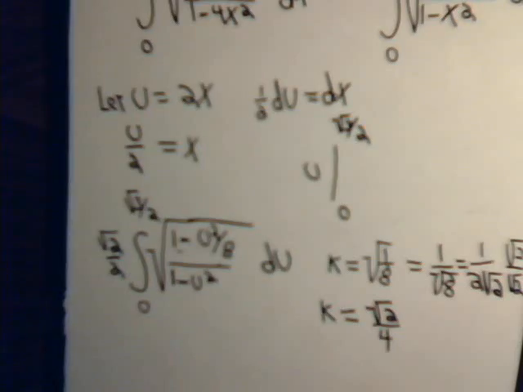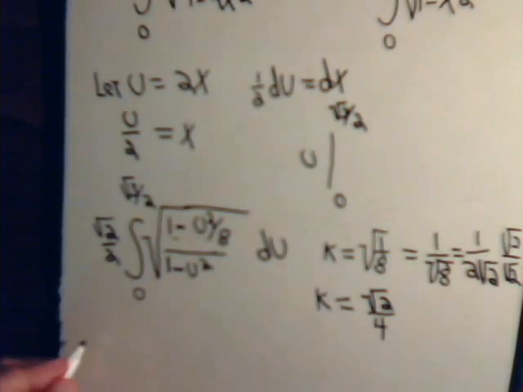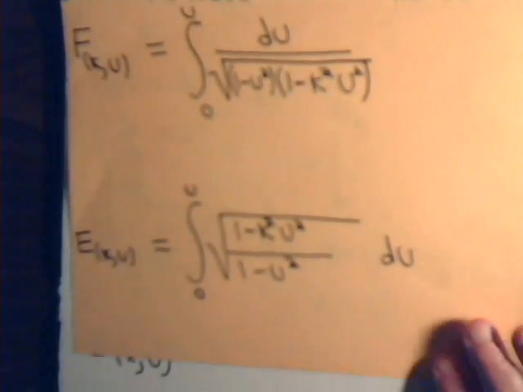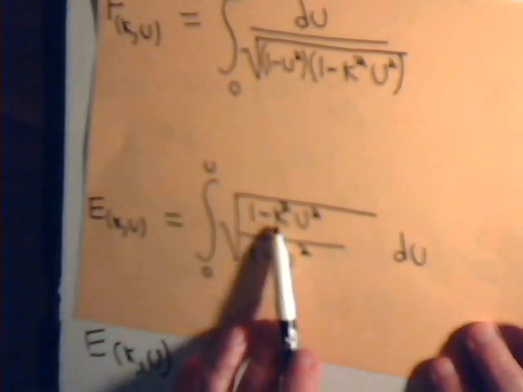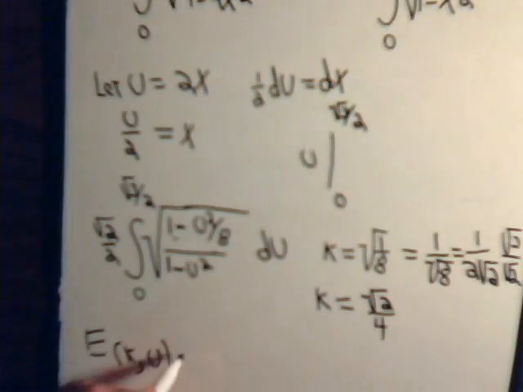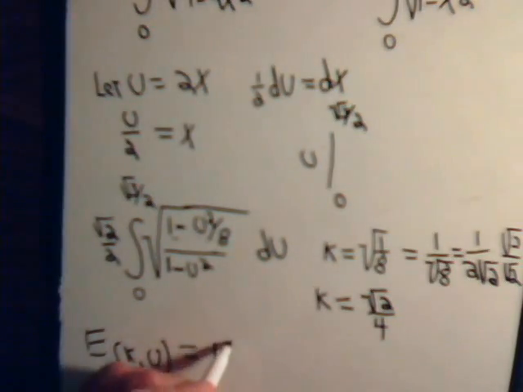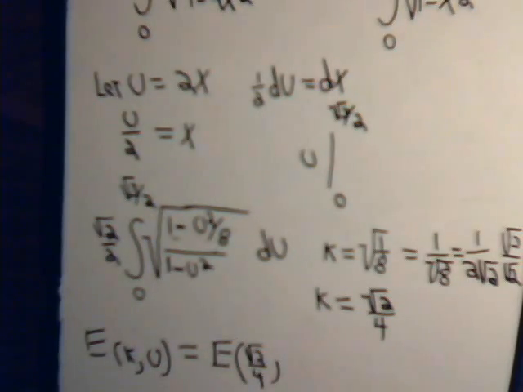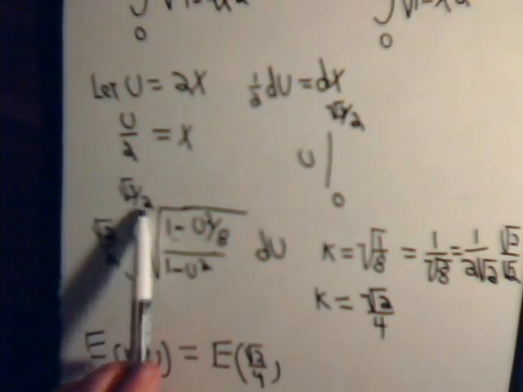So what we have then is it has a value, E, for the elliptic integral. It's expressed as E(k, u) once it's in standard form, like this, where k now equals the square root of 2 over 4, and u is the square root of 3 over 2.